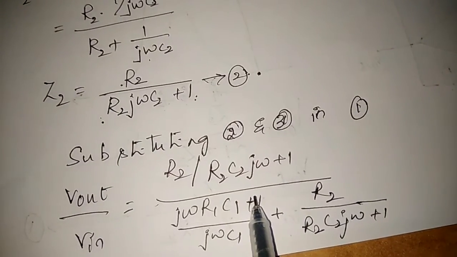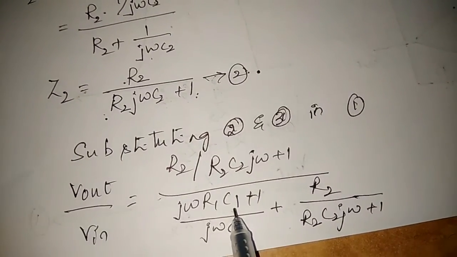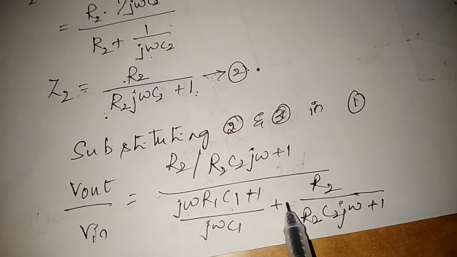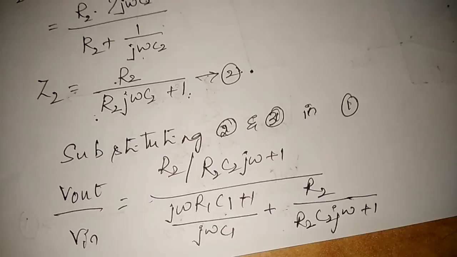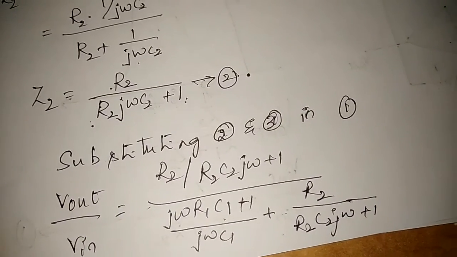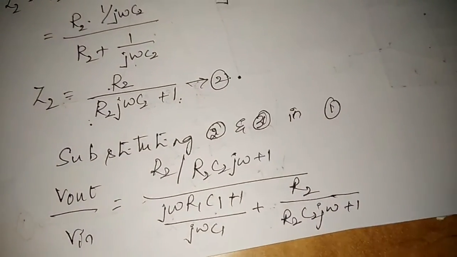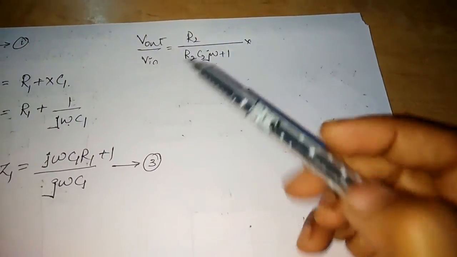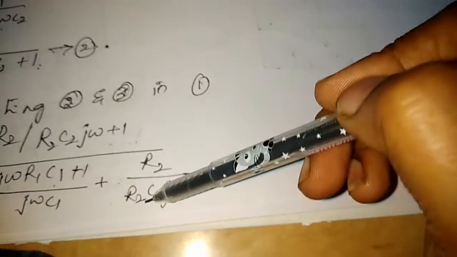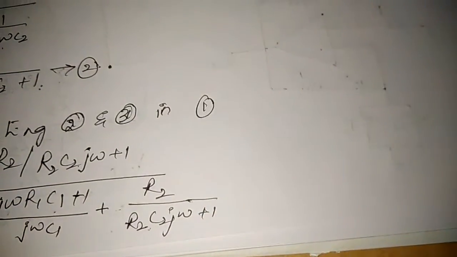Now you simplify this. Simplifying this means taking LCM and cancelling out the terms. So this V out by V in, I'll write R2 divided by R2 C2 j omega plus 1. Okay, this denominator, so taking LCM, this will go to numerator, is it not?